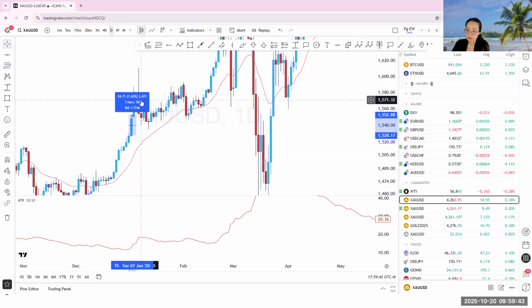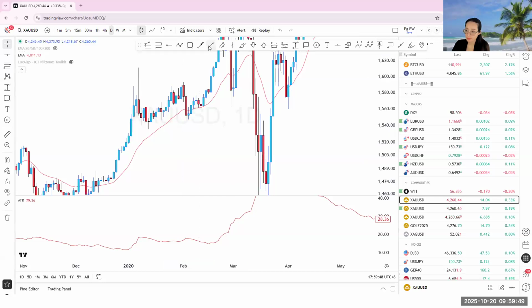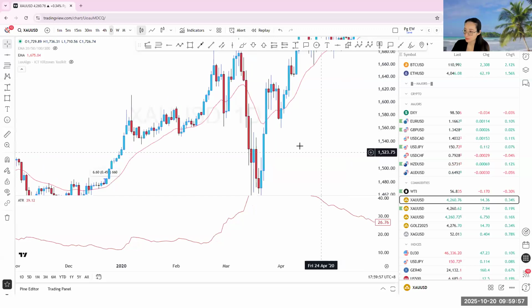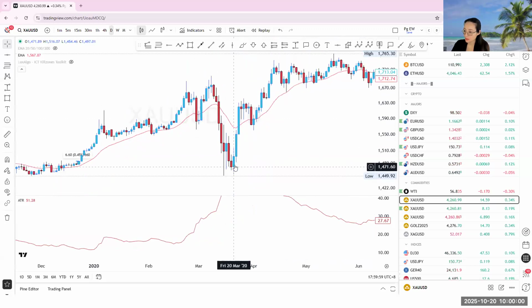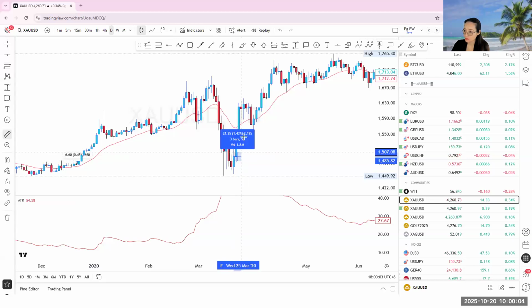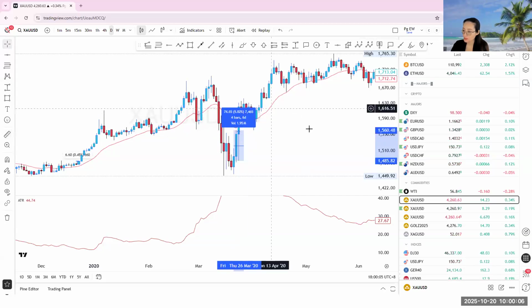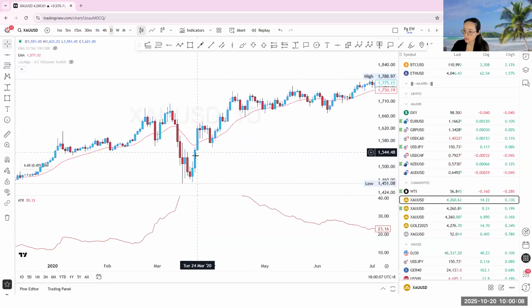Per day, let's just say 250 pip, or less than that, less than 100 pip. Or maybe in March 2020, roughly 7,000. This one had high-impact news.